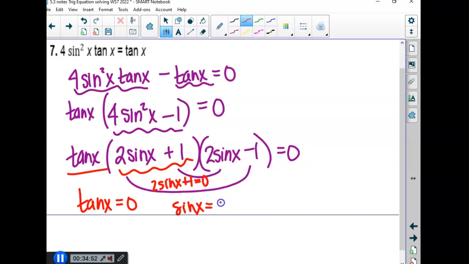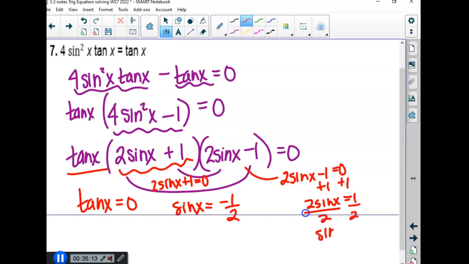Subtract 1 to the other side and then divide by 2. Do I need to show all those steps? I can. If you were doing this one, 2 sine x minus 1 equals 0, you would add 1. Divide by 2. So you'd have the sine of x is 1/2.